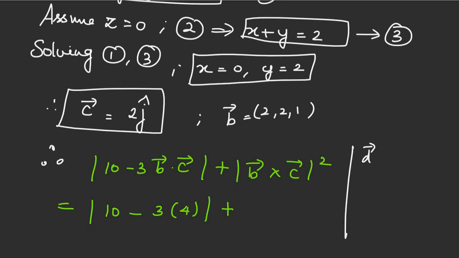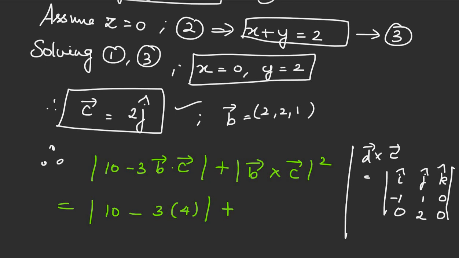D vector cross C vector: we know the components of D vector are minus i plus j, so minus 1, 1, 0, and C vector we have found is 0, 2, 0. So D cross C will be equal to minus 2k. Now the mod of D cross C will be minus 2 the whole square, which is nothing but 4.